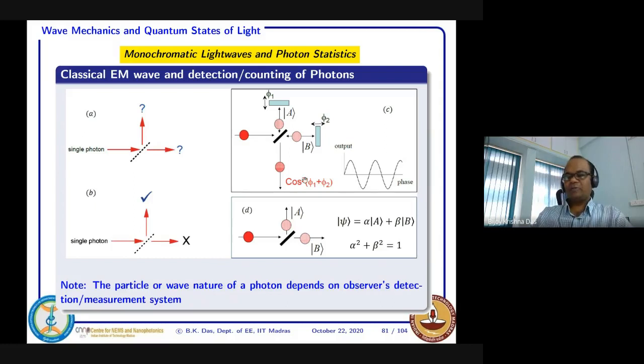But what happens, suppose you are measuring at one point somewhere in this beam splitter, if you have a photo detector here? Somehow this photo detector's internal dynamics is such that it somehow influences both paths. Somehow it disturbs the state, what is the photon state coming in this path and this path, so that it detects the entire energy of the photon here.